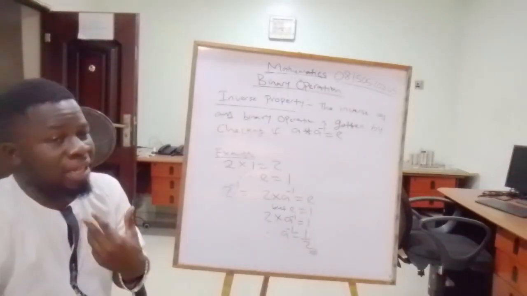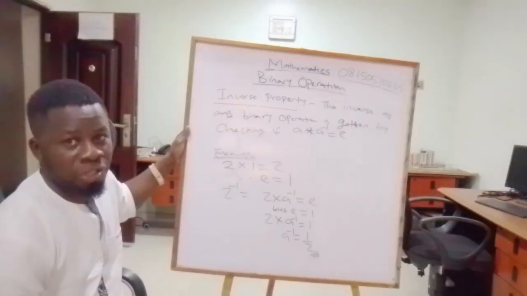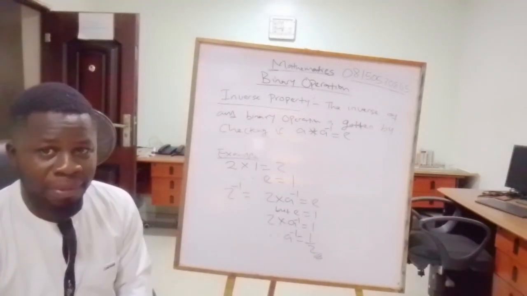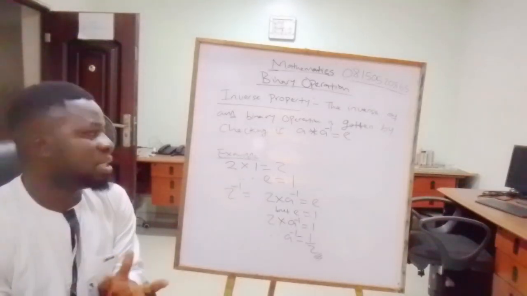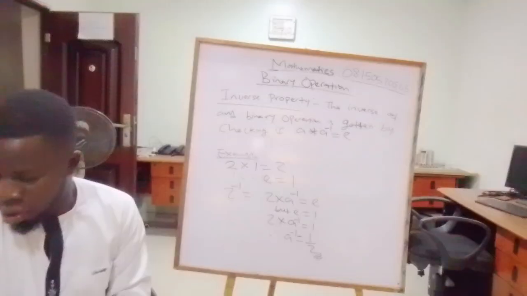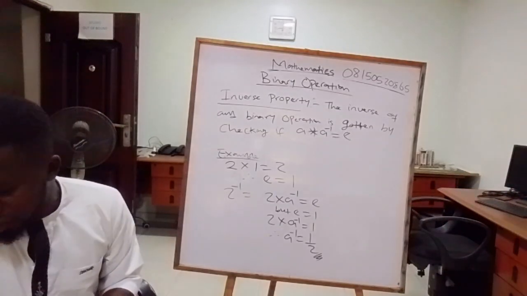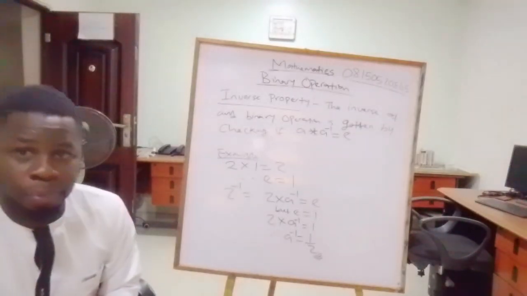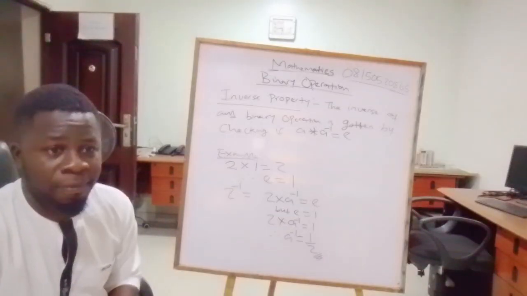So that's how you get your answer for A inverse. I believe in part 2, whereby I will be doing more questions on past questions and the way they are being set, you get to understand this more. The last property that I would write here is the distributive property. So I will be ending the class on distributive property.